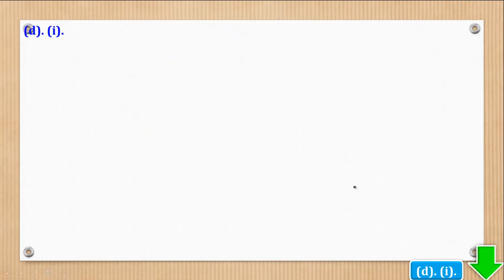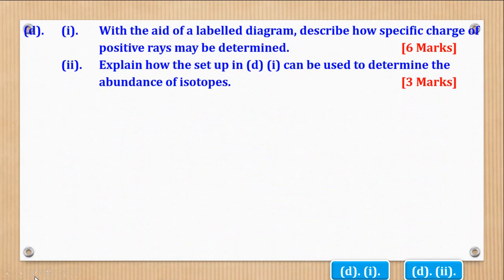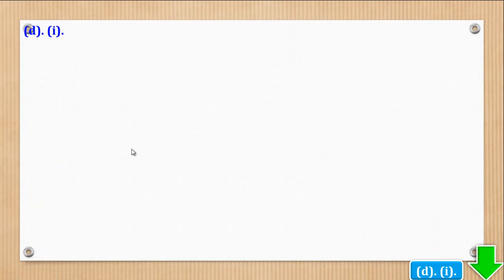So now we shall go to part D. Part D, Roman 1. With the aid of a labeled diagram, describe how specific charge of positive rays may be determined. So I need a diagram of a spectrometer.